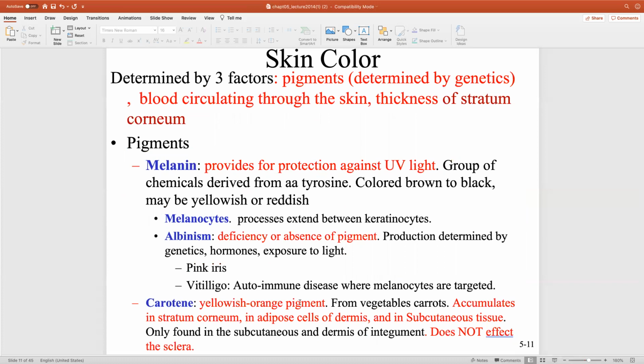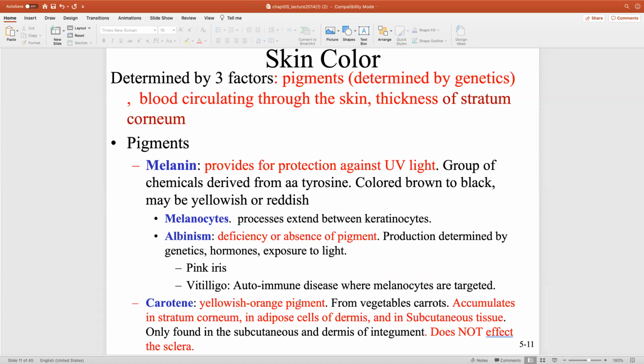True albinos are born with it, and every single region where they should have pigment, they're lacking. So the hair lacks pigment, so it's completely white. The skin lacks any melanin. So even if they're exposed to ultraviolet radiation, they can't release melanin, so they will burn incredibly easily, right? The risk of some kind of cancer in people that are albinos is huge.